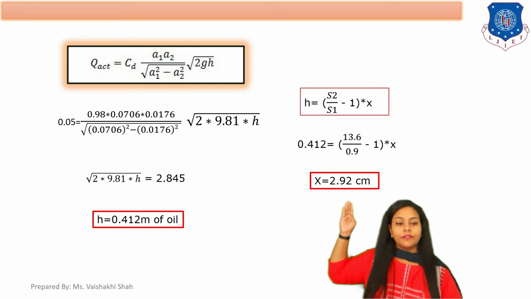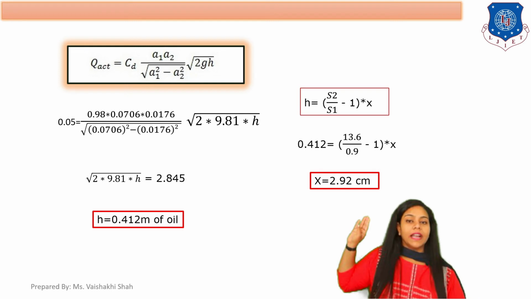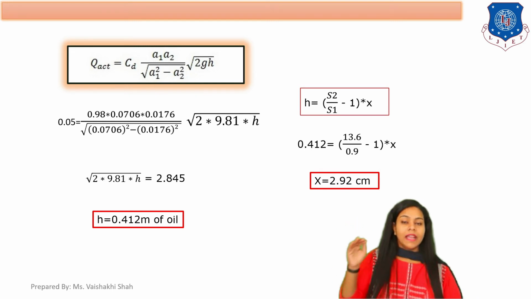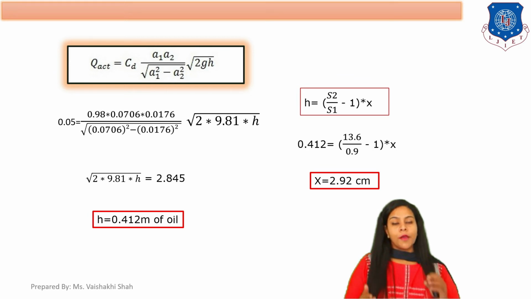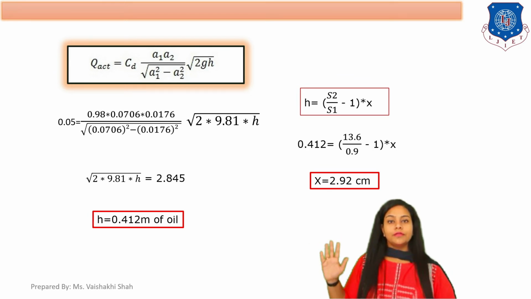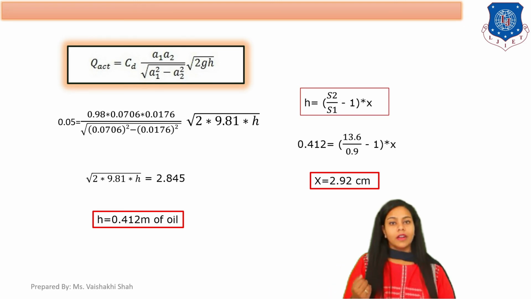So your answer for x is 2.92 centimeter. Here x is the reading of the oil-mercury manometer. Basically in Venturimeter these two types of examples are mostly asked in your exam.